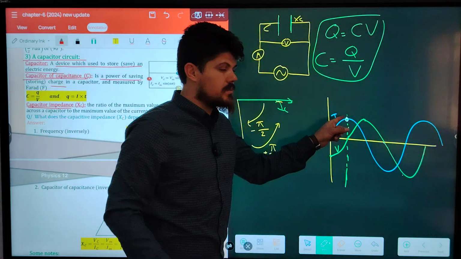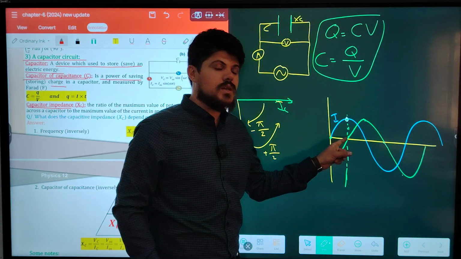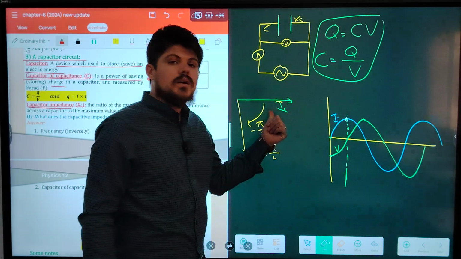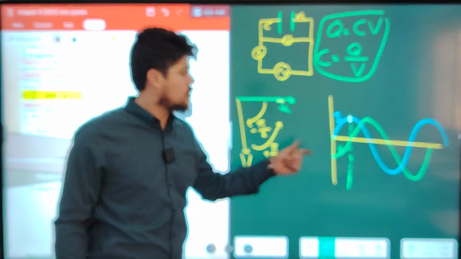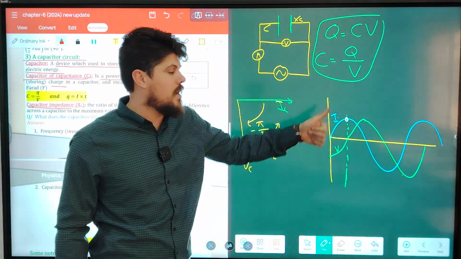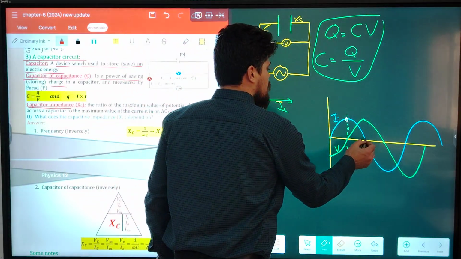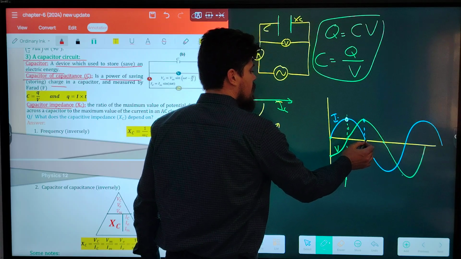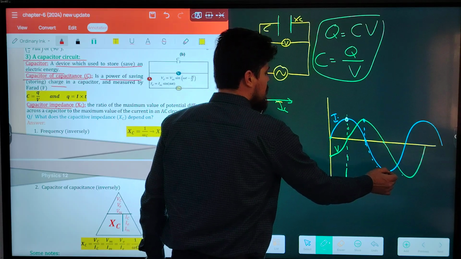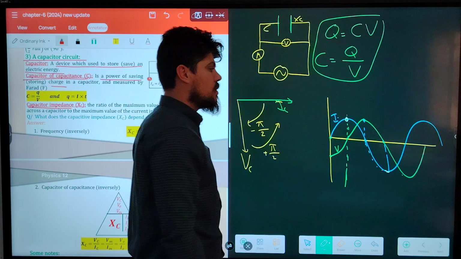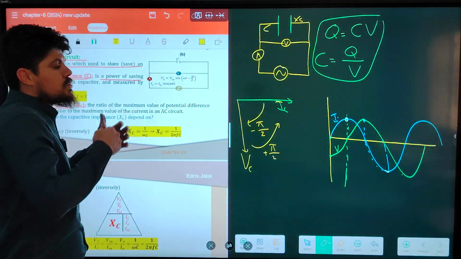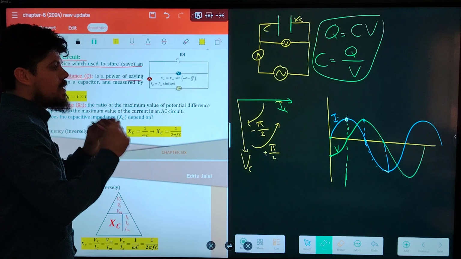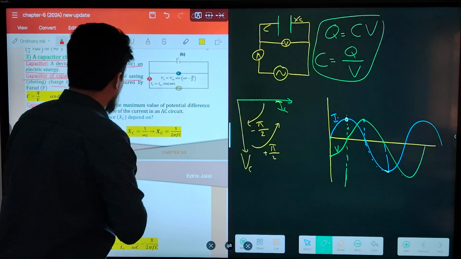When the ammeter reaches the maximum of the current, the voltmeter reads 0. So current leads potential difference by pi over 2, or potential difference lags behind the current by pi over 2. When the current reaches 0, the potential difference is maximum. When the current becomes maximum, again the potential difference is 0. So there will be a phase difference of a quarter cycle; potential difference lags behind the current in a capacitor AC circuit.